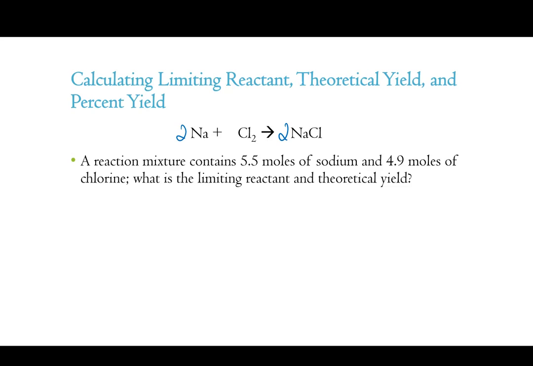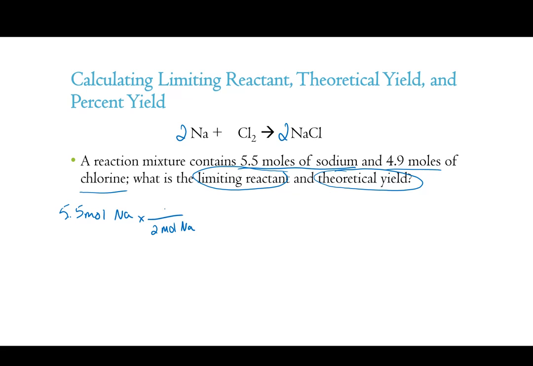Applying this to chemistry, I have a mixture containing 5.5 moles of sodium and 4.9 moles of chlorine. I want to know what is the limiting reactant and what is the theoretical yield. So I will take each one of them to product and I will calculate if I used all 5.5 moles of sodium, how much sodium chloride would I make?